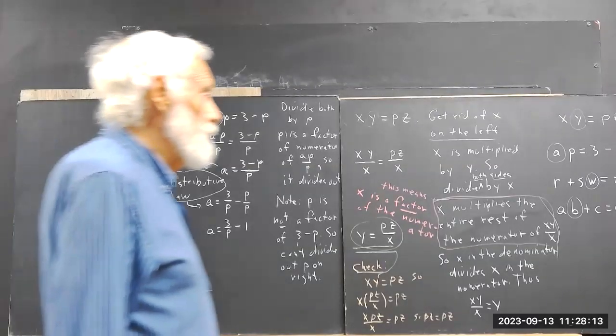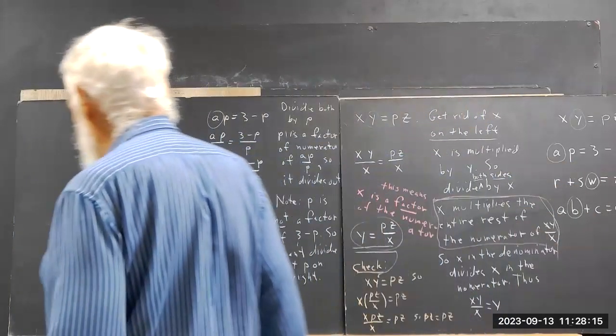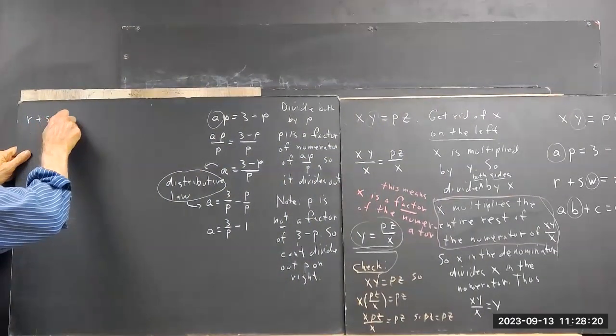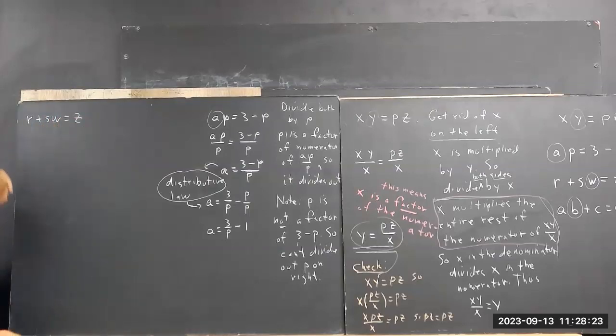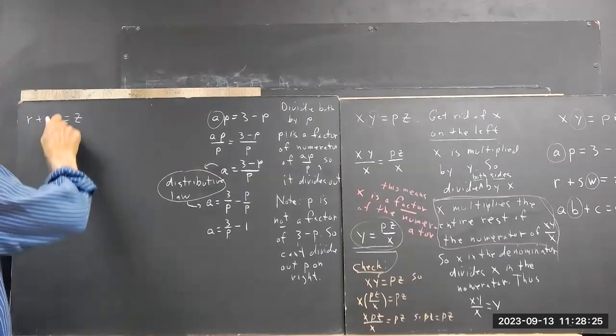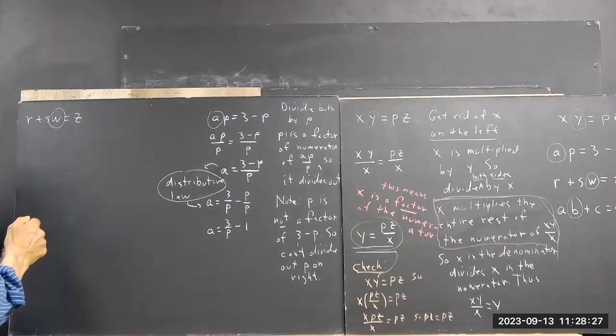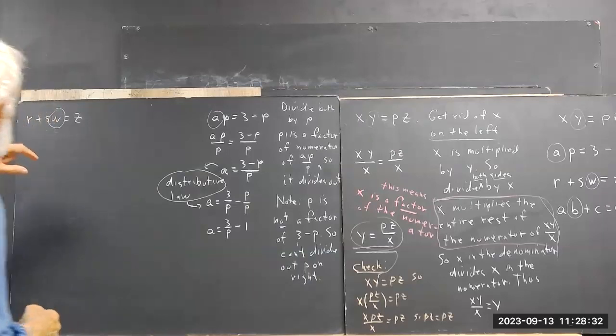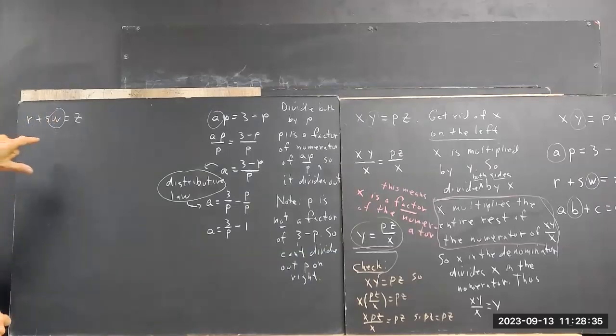All right, now, R plus SW equals Z, and we want to solve for W. We could isolate W to an extent if we divide both sides by S. We would have to divide R by S as well, and that turns out to be kind of counterproductive.